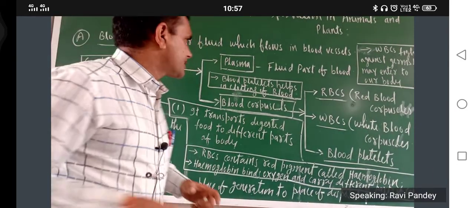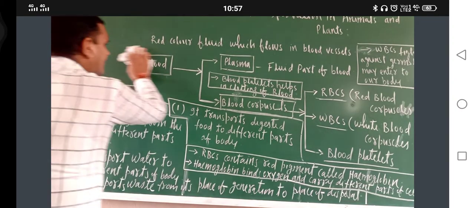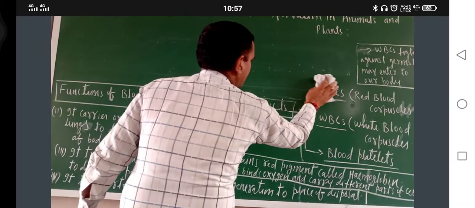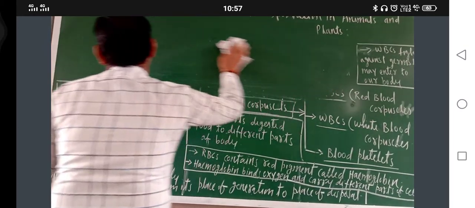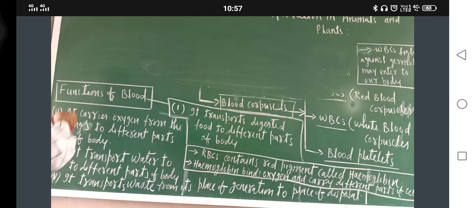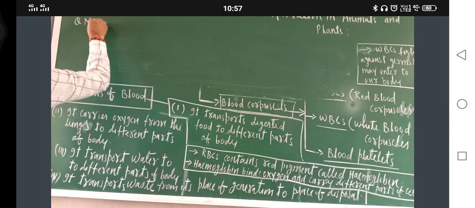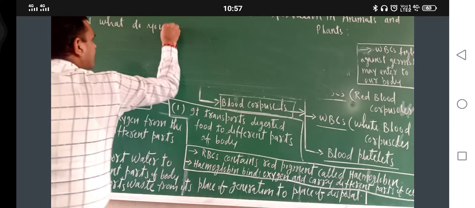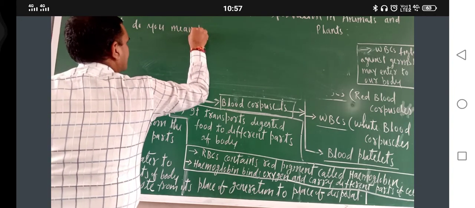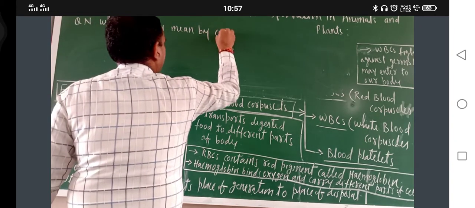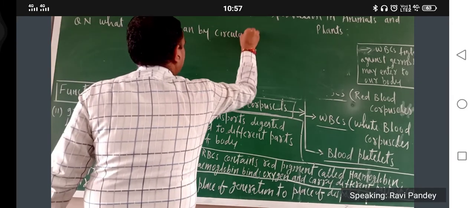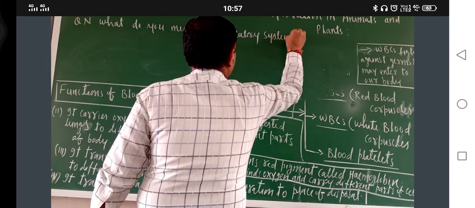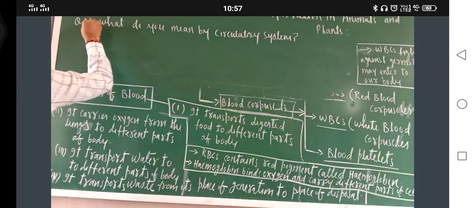The first question is, what do you mean by circulatory system? Write its components. That much only I will write. Okay, that is question number 1.